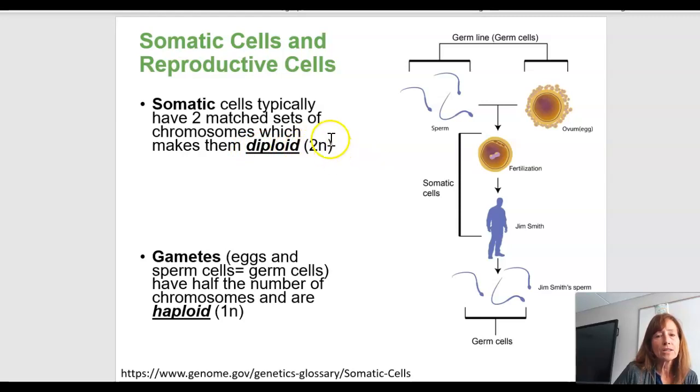So this 2n is referring to some number for that organism that represents this diploid condition, meaning that all of the chromosomes are in pairs. And because we talk about them as being body cells, we can use the term somatic. So soma means body, so a somatic cell is all those ones I just discussed.